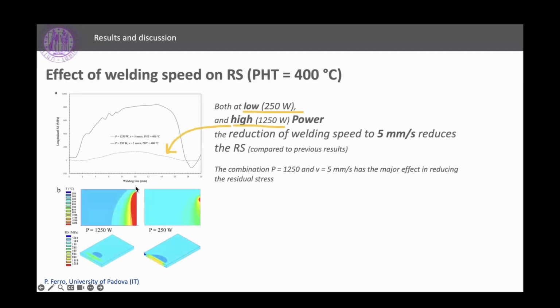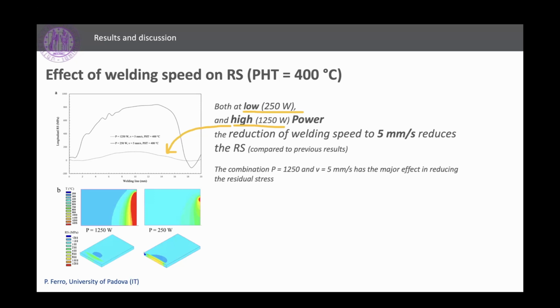About the effect of welding speed on residual stress, here is the result using a preheating temperature of 400 degrees. We obtained that, both at low and high laser power, by reducing the welding speed from 25 millimeter per second to 5 millimeter per second, we have a reduction of the residual stresses in both cases.